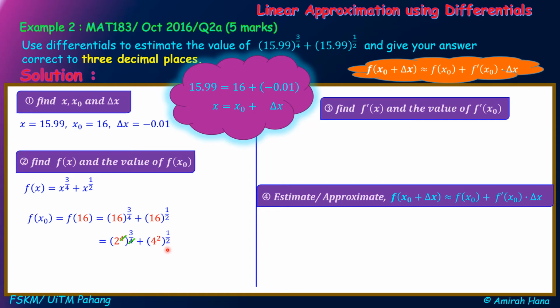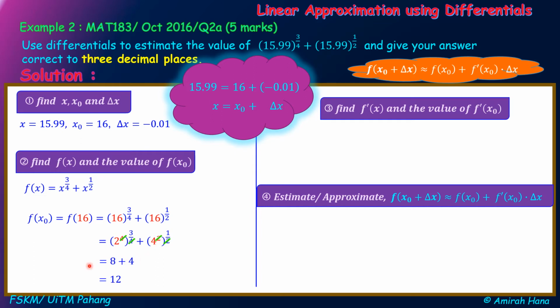Then we simplify the power of 4 with the 4 in the power, and the power of 2 with the 2 in the power. From the properties of indices, when we have a power and then an exponent, we multiply. When we multiply 4 times 3 over 4, we simplify the 4, and when we multiply 2 and half, we simplify the 2.